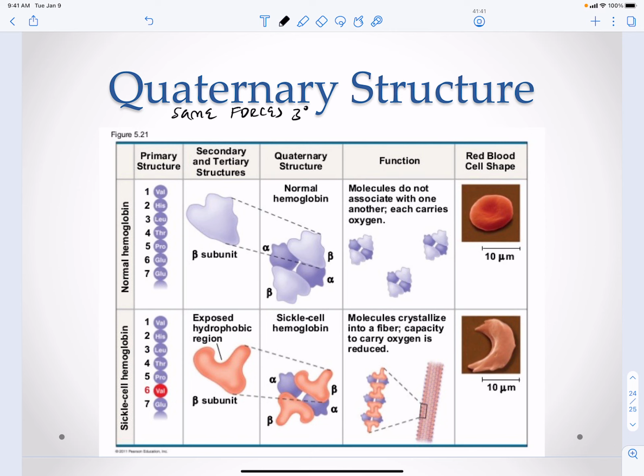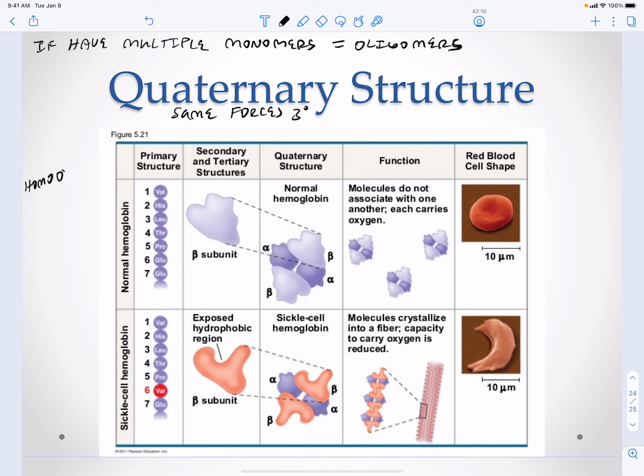The proteins are often going to have multiple monomers, and these are referred to as oligomers. A homo-oligomer is multiple identical polypeptide chains. So we have a homo-oligomer.